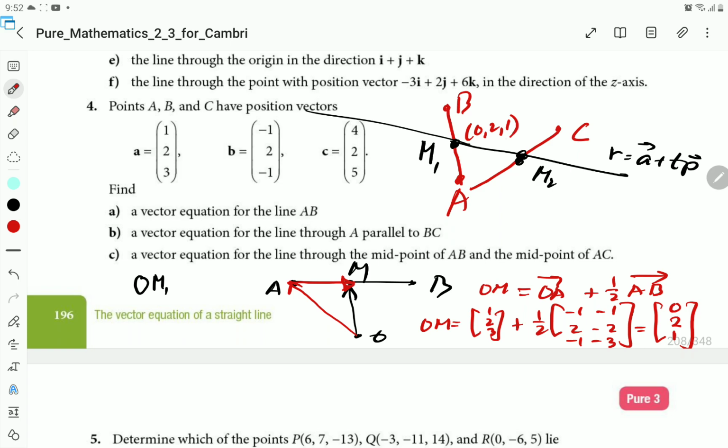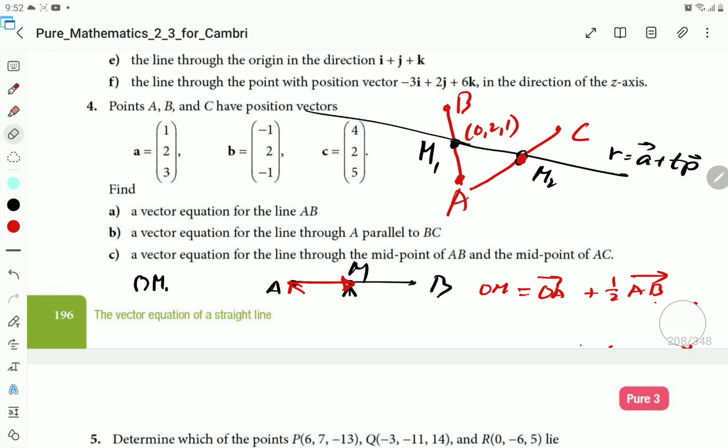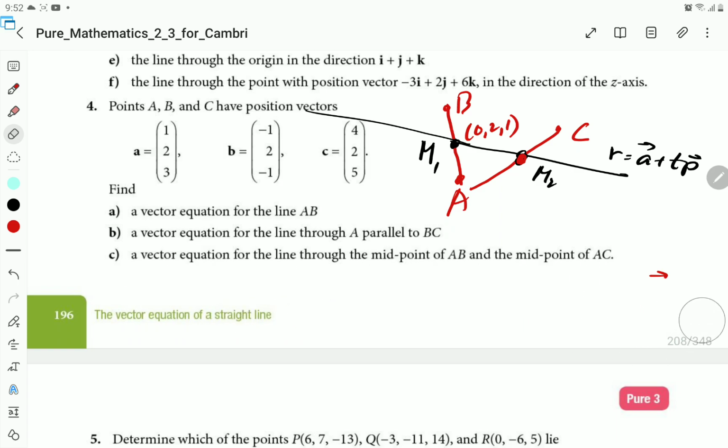So just do the same thing. You need to find this other point, exactly the same way as what I did. Let me just erase this one because I don't have space. Again, just for you to visualize, you can draw. Since it's the midpoint of AC, that's the point C. This is the origin. That is the M that you're looking for.